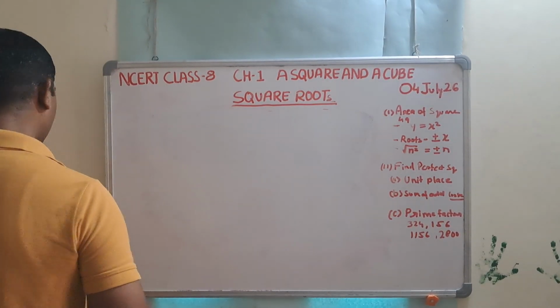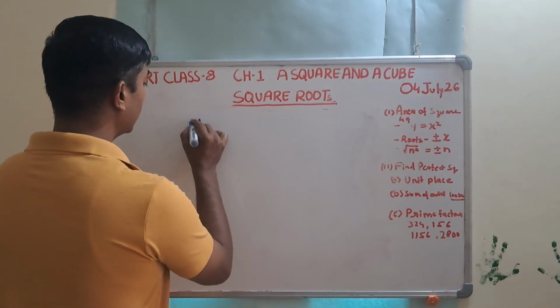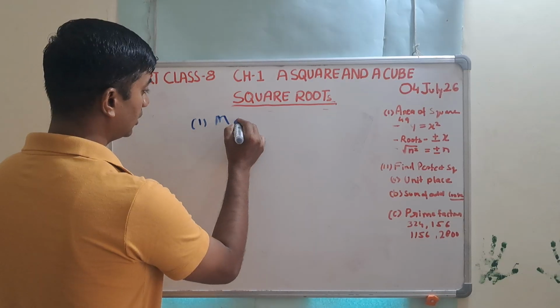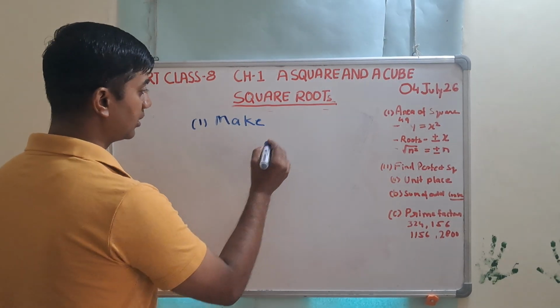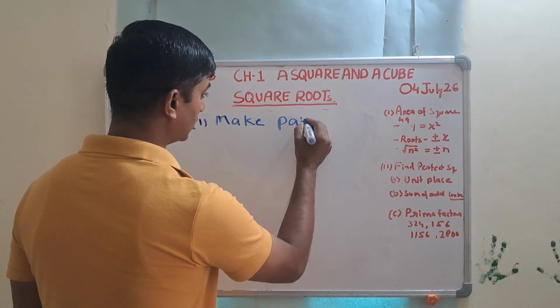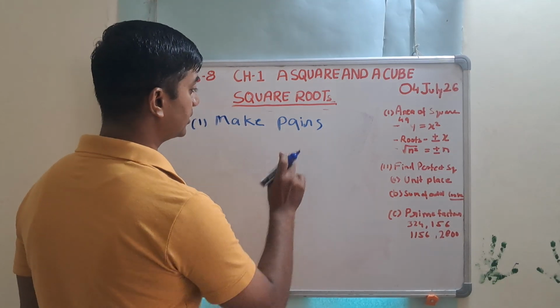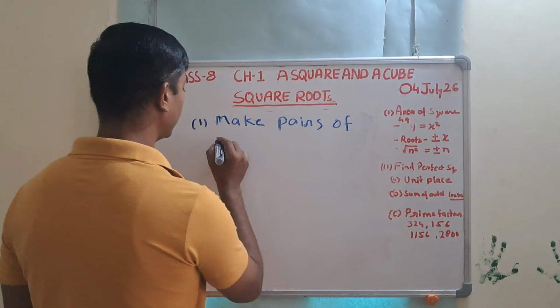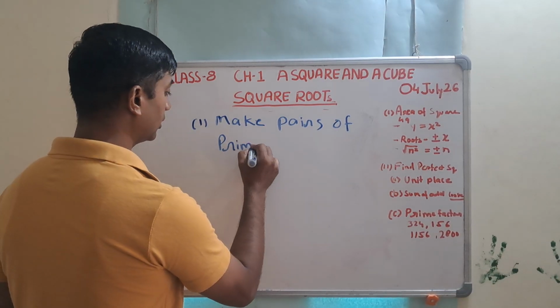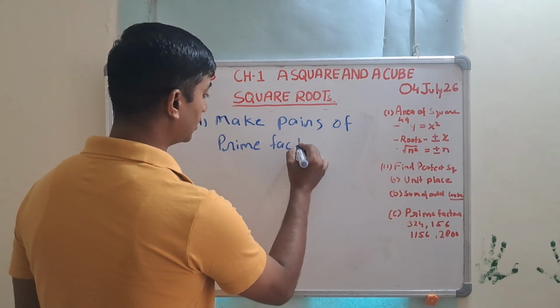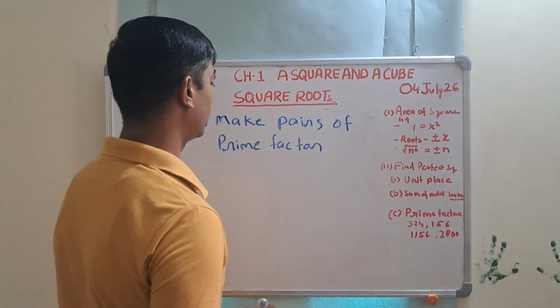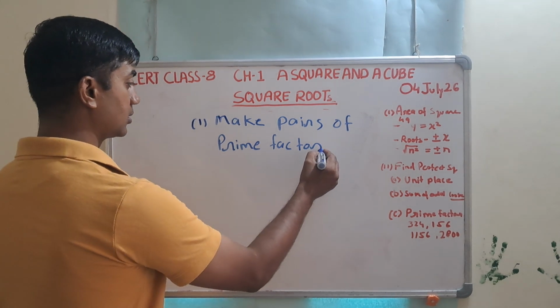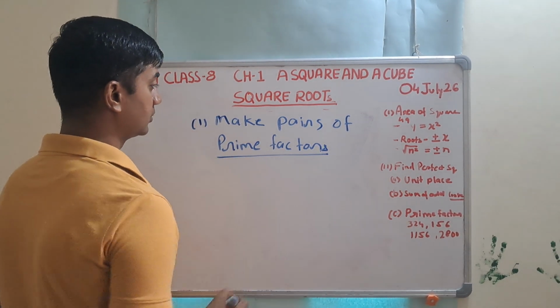What you have to do? Number one, make pairs of prime factors. Understood? Prime factors. Make pairs of prime factors.